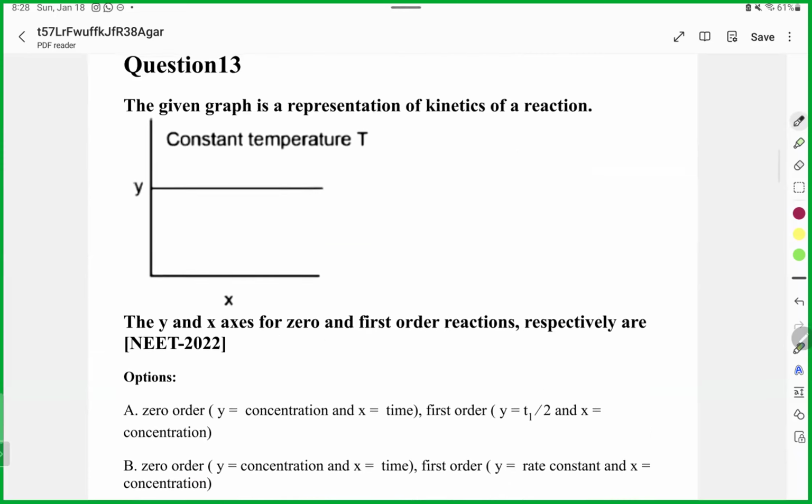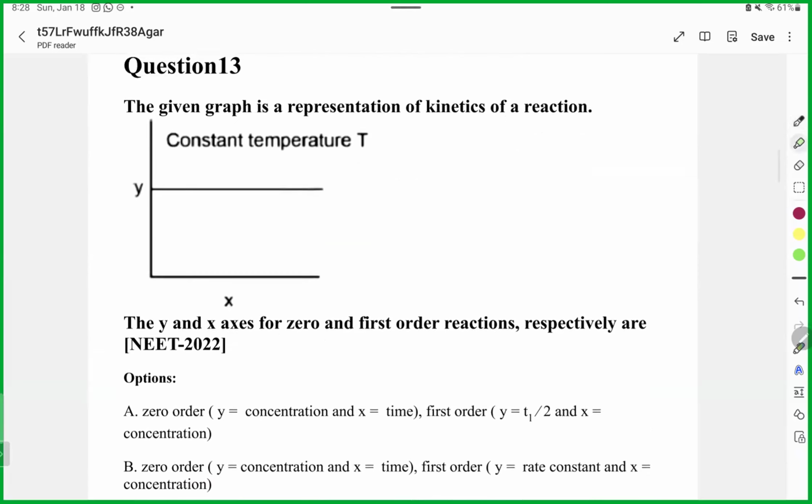So tell me, Chandana, given graph representation the kinetic of a reaction at constant temperature, y directly depends upon what? It does not depend upon the x because y value is fixed. It does not depend upon the x. Y and x axis for zero and first order reaction will be equal to what?